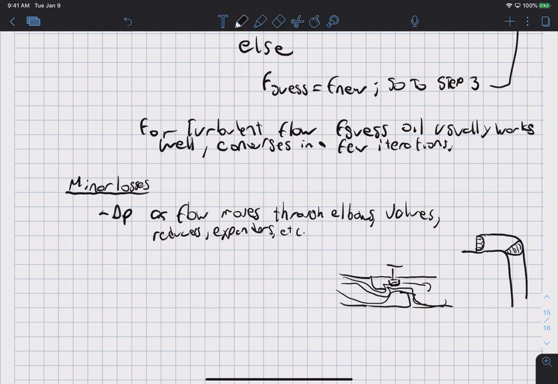It'll take some time, and eventually the flow will become fully developed again. While this messed up velocity profile is becoming fully developed again, there's a pressure drop associated with that, and that is taken into account in the entire delta P for an elbow.